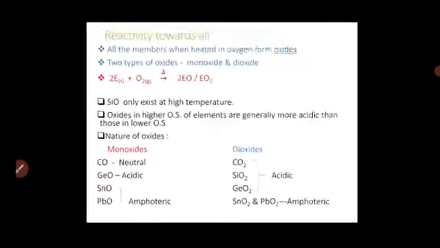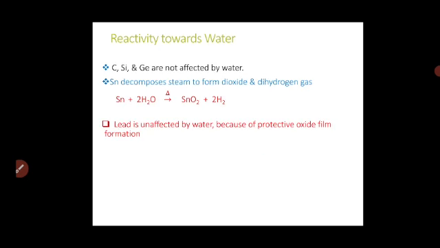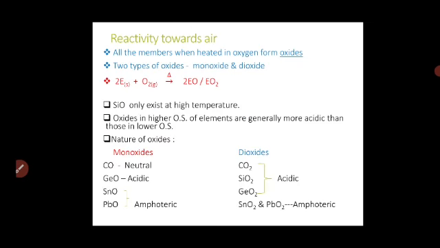See how variable the properties are in the p block. Though they are in the same group and have similar electronic configuration in their outermost shell, the properties change from element to element. This is due to the inner core electrons, that is the electrons filled in d and f orbitals.